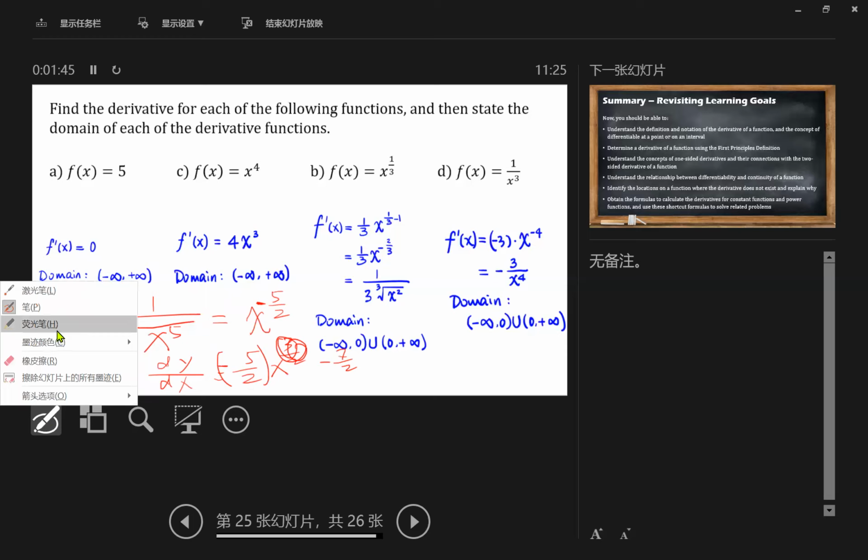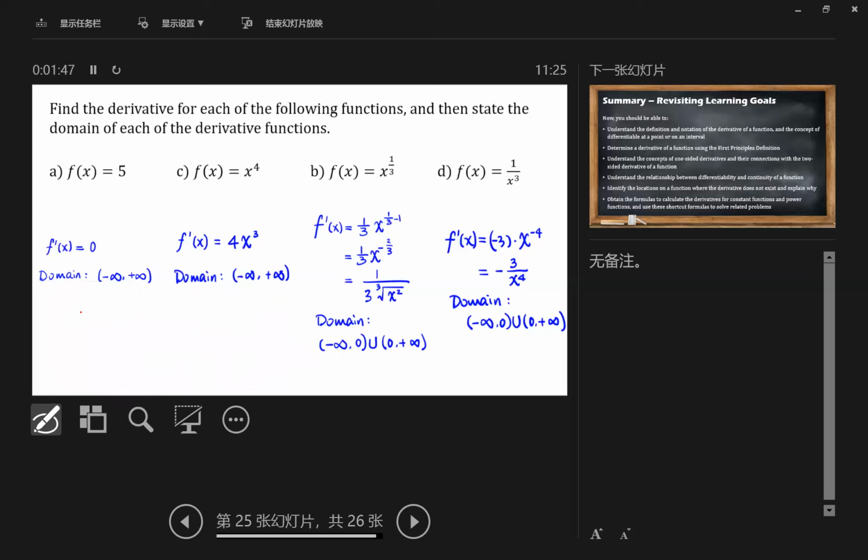I mean, if I give you a more complex expression, y equals 1/x to the power of 5, then find its square root. Can you find dy by dx? Can you do that? So first of all, we convert this function to y equals x to the power of 5/2, right?